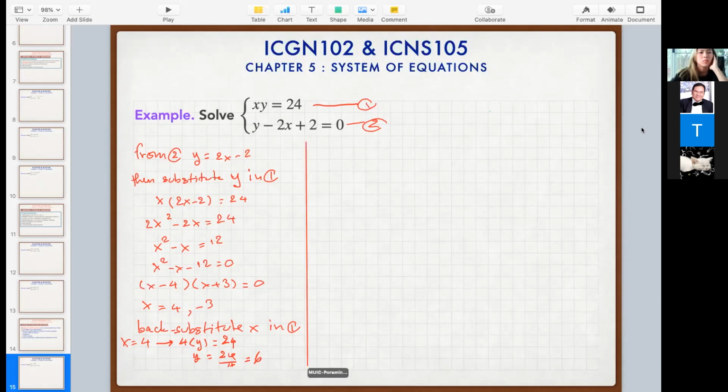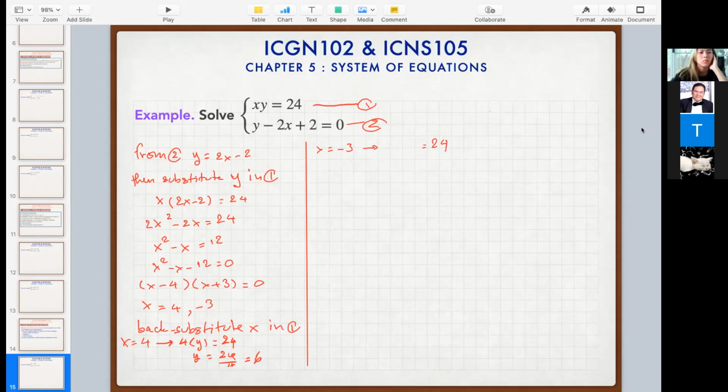Next, for x equals negative 3, I'm sorry, I did the wrong thing. x equals negative 3, right?